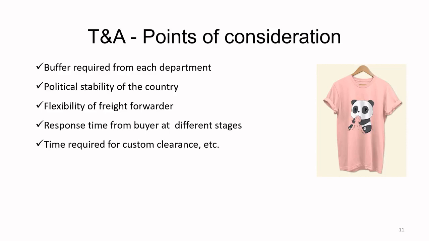So let's say your product has buttons made of seashells. Seashells are aquatic animals. Do seashells fall under endangered species? No, but customs does not know about it. So they will investigate, and only if they understand that seashells are not endangered will they give you the approval. So your shipment may get delayed. So that is also a point of consideration.